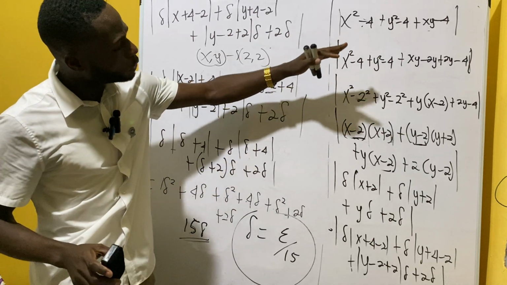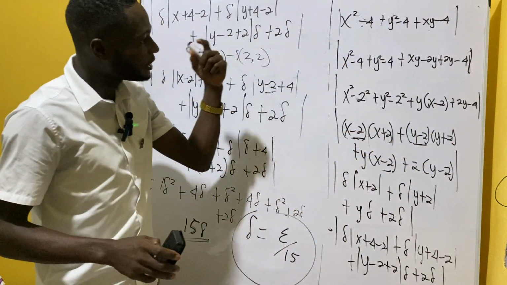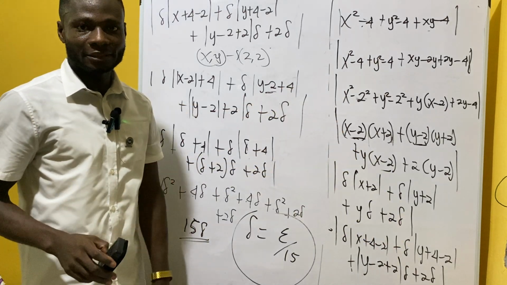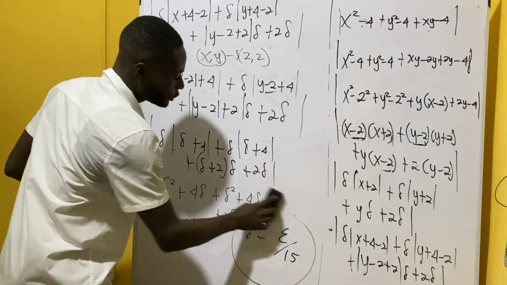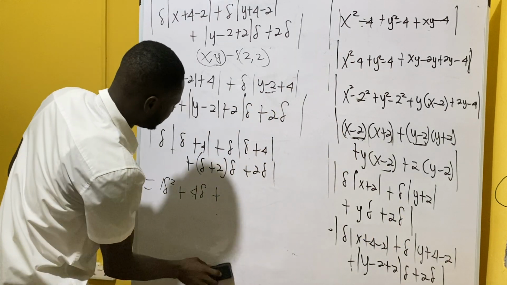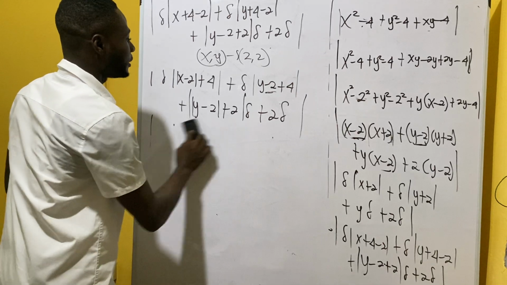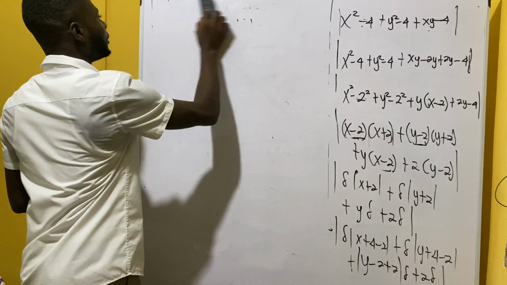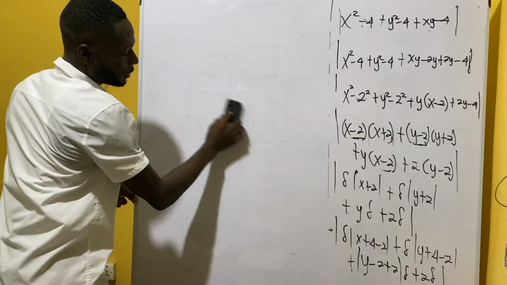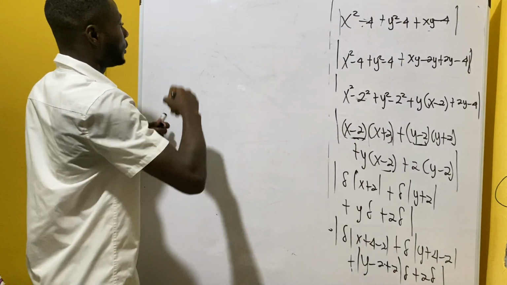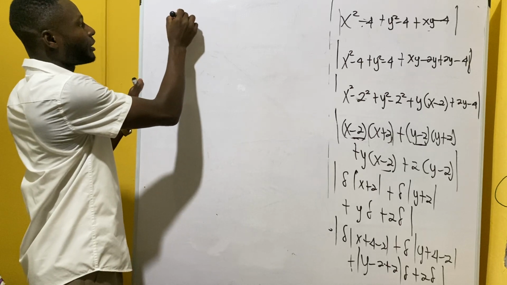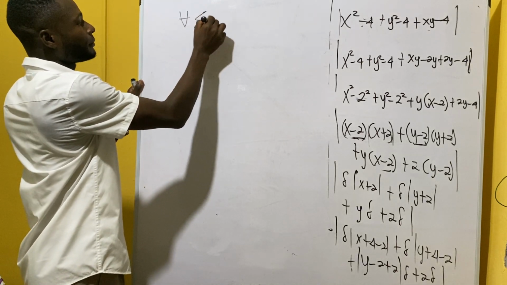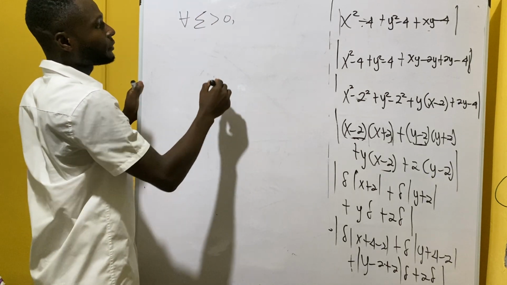But then I want to give an alternative way to showcase this problem, right? So we have an alternative way to this problem. So as usual, our normal parameters, all values of epsilon must be greater than 0.